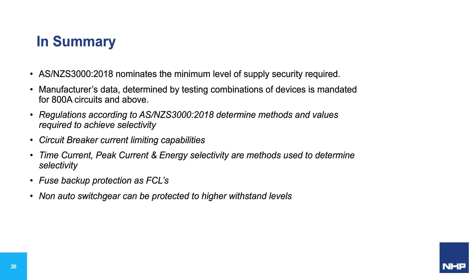We've explained the three main methods of determining how selectivity is achieved and how in practical terms, moulded case circuit breakers, miniature circuit breakers and fuses operate under these conditions. We've also covered the current limiting characteristics of circuit breakers and fuses and how they provide backup for auto and non-auto devices alike.